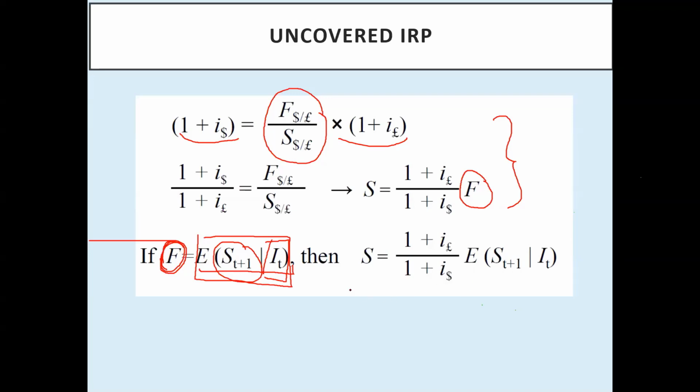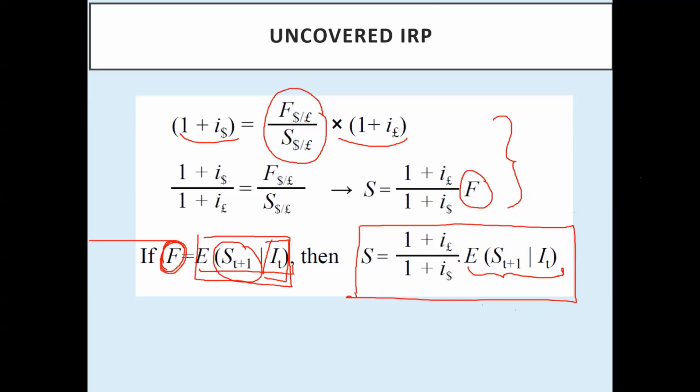So in this case, we can write the IRP by just replacing the forward rate with the expectation. The IRP could be rewritten as here. This is an uncovered IRP in the sense that we allow the exchange rate to move in the future.